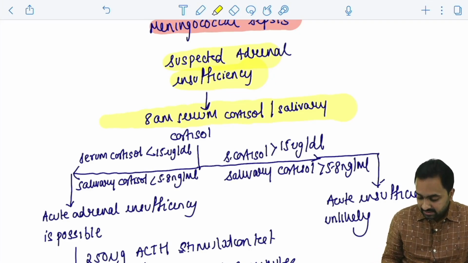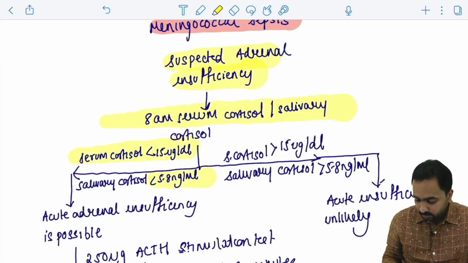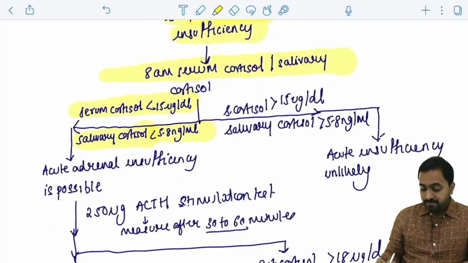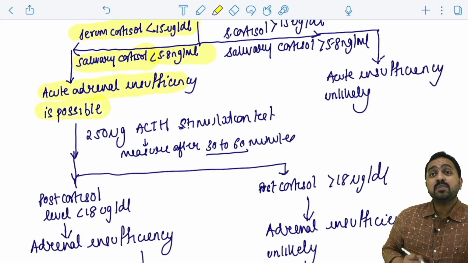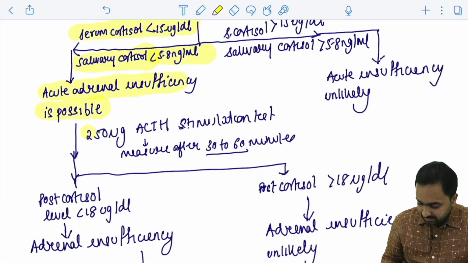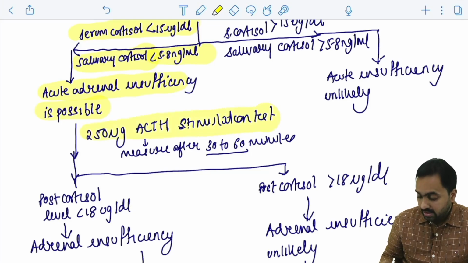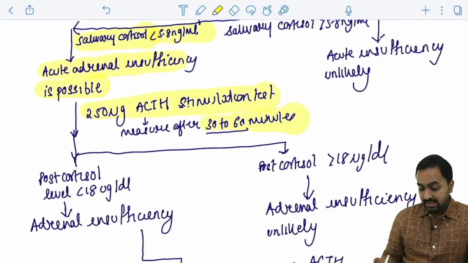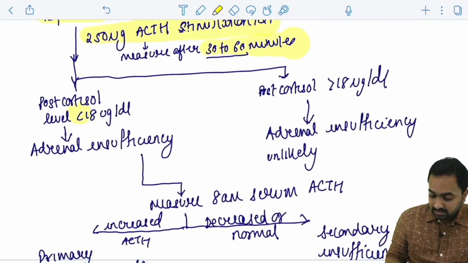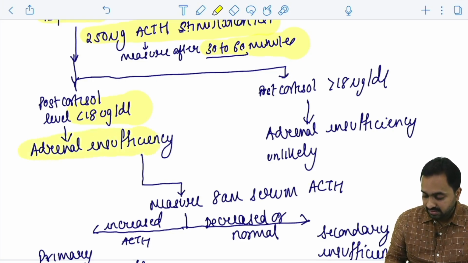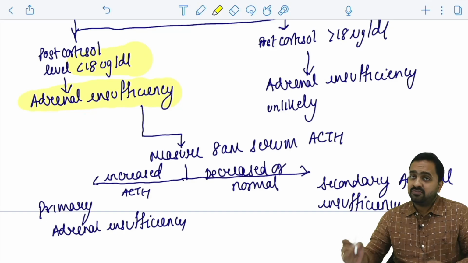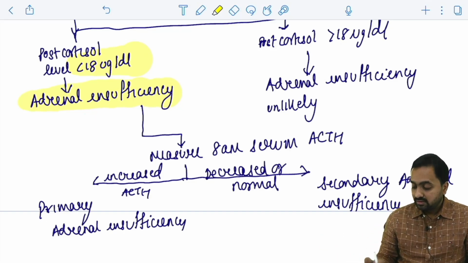If this level is less than 15, or less than 5.8 in case of salivary cortisol, it would be a possibility of adrenal insufficiency. Then we give an ACTH stimulation test in form of 250 microgram and measure after 30 to 60 minutes. If the post-cortisol still remains less than 18 microgram per deciliter, it would be a case of adrenal insufficiency. And if it is more, it is unlikely to be an adrenal insufficiency.